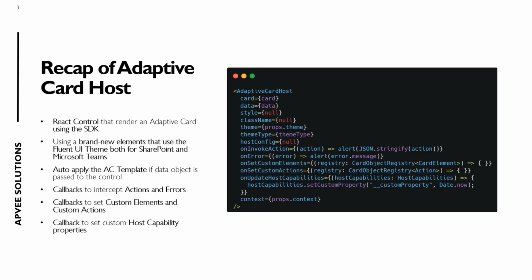For example, you can use the property onInvokeAction to manage the actions that you can execute inside the adaptive card, for example the submit action, the onError, or for example the onSetCustomElement or onSetCustomAction to add more controls inside this adaptive card host.